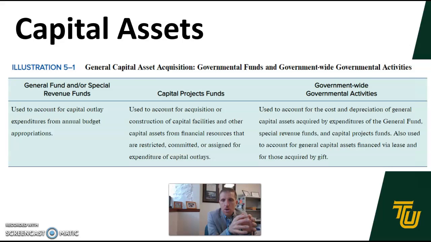Then over on the far side, our government-wide governmental activities, that's where we're going to account for the cost of depreciation and general capital assets acquired by expenditures of the general fund or some sort of special fund, used to account for the general capital assets financed and leased. That's where we're going to see that more traditional depreciation being hit as that capital asset is being used up over its useful life.